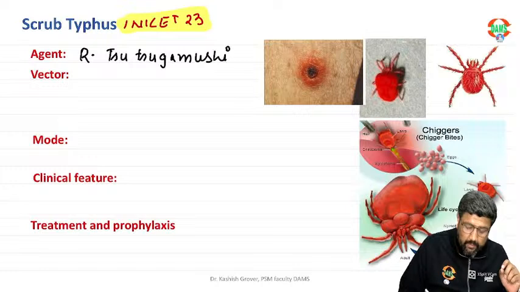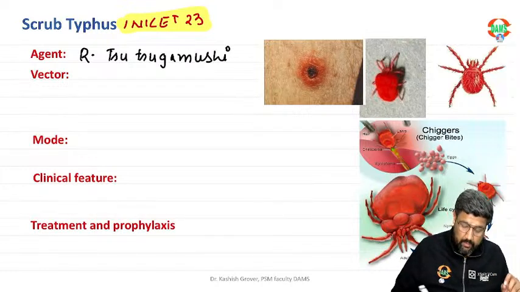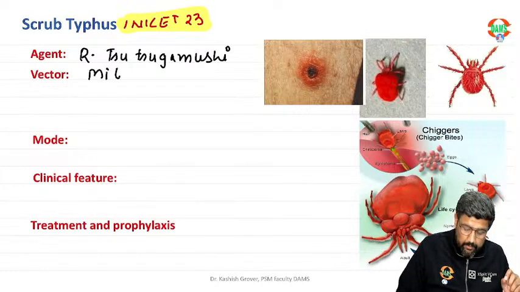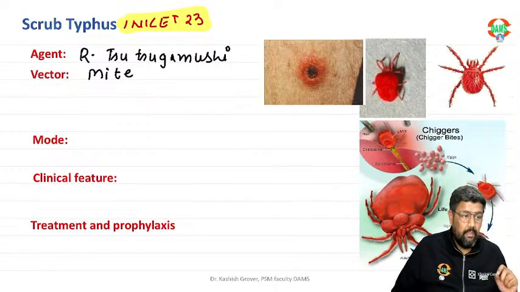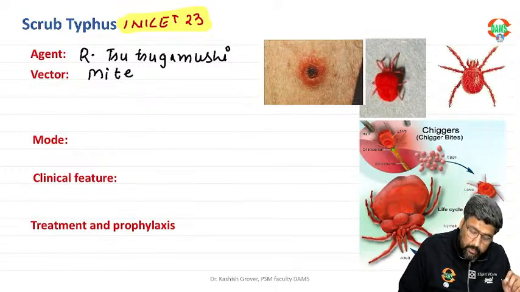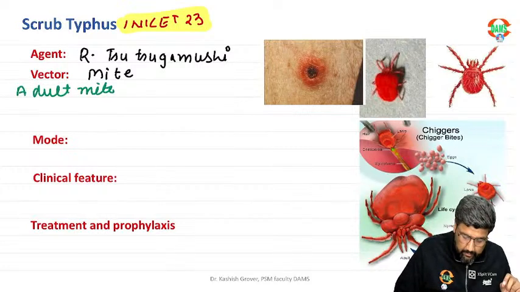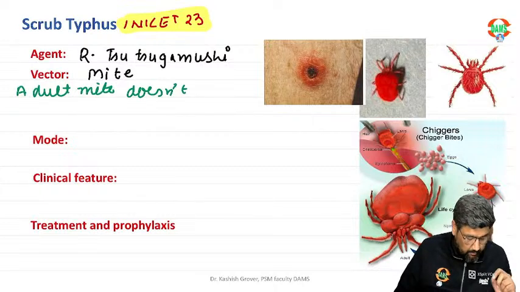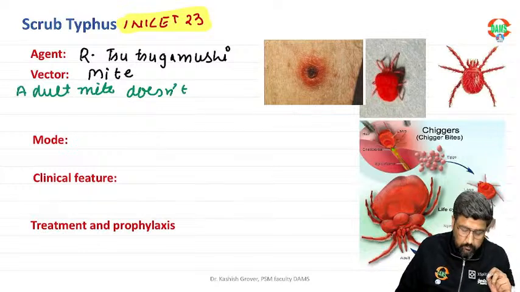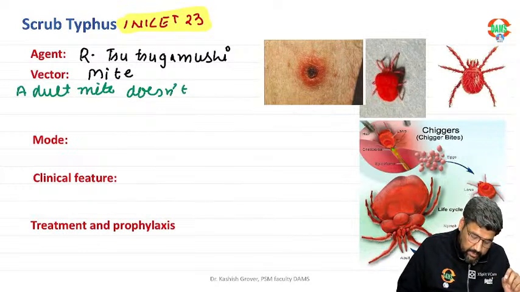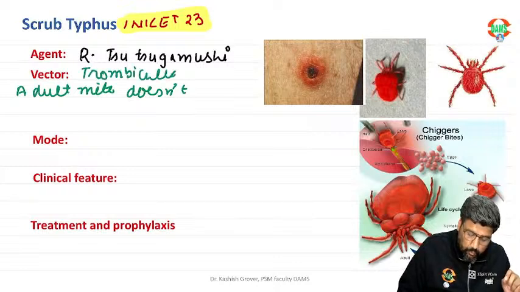What is the vector here? Guys, it is a mite. But I want to tell you that the adult mite does not spread. Yes, very good, better I should write trombiculid mite.